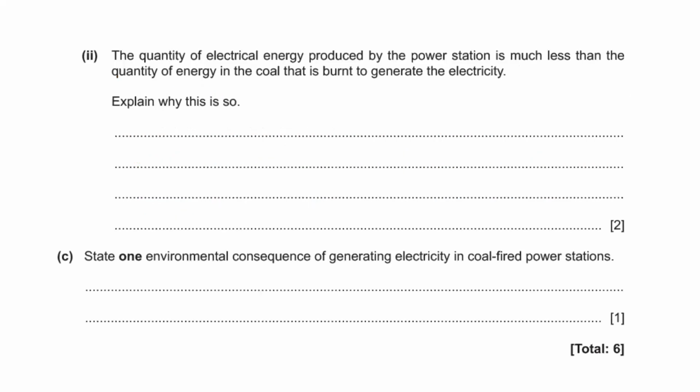It says the quantity of electrical energy produced by a power station is much less than the quantity of energy in coal that is burned to generate the electricity. Explain why this is so.